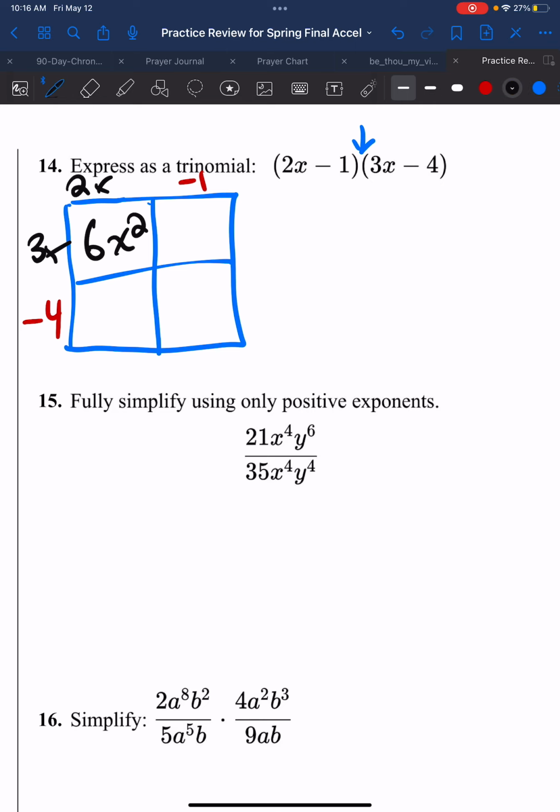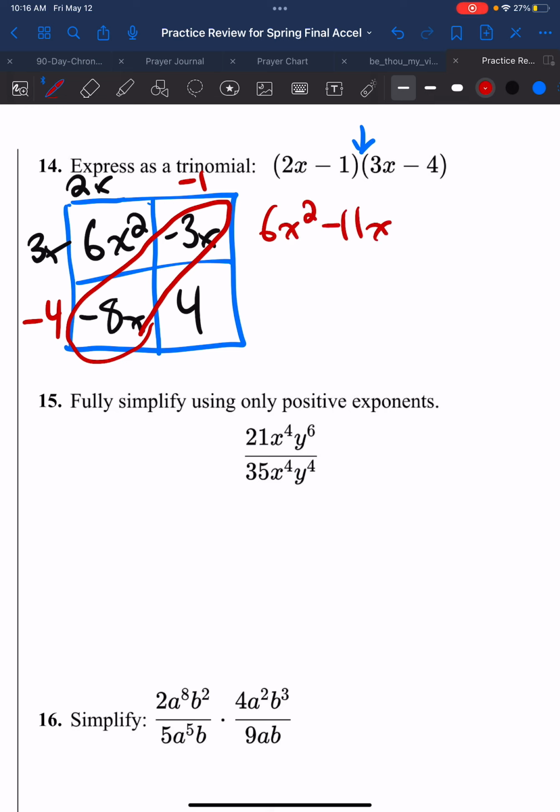So then 3x times -1 gives me -3x. 2x times -4 gives me -8x. -1 times -4 gives me +4. So the last step here is just to add the like terms, which is just my x's here. So I'm going to have 6x squared minus 11x plus 4.